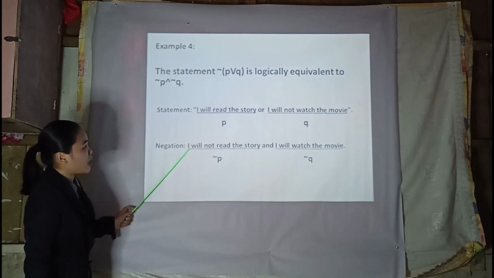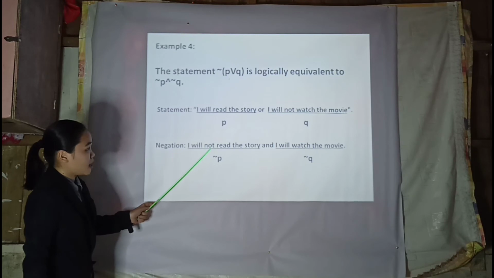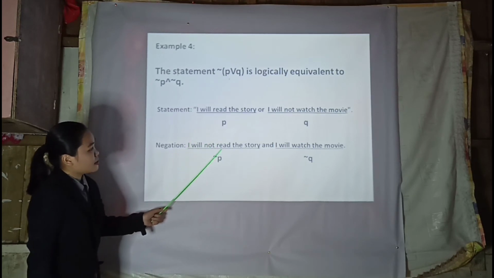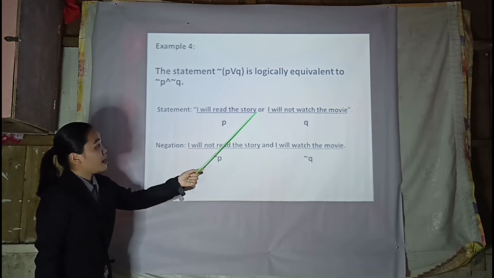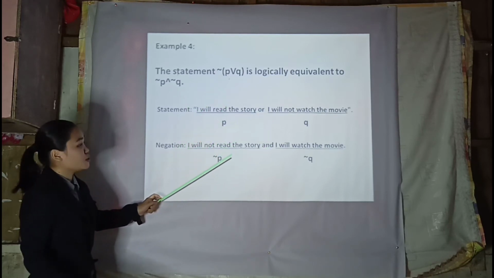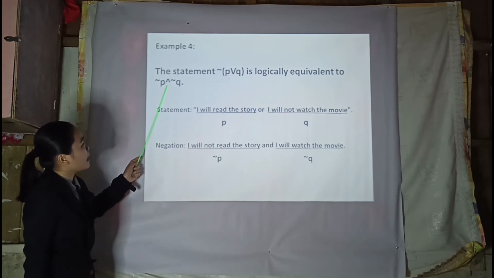So, the negation is I will not. Because of this word not, it becomes negative. I will not read the story. And since we use here the or logical connective, in the negation in the rules for De Morgan's law for logic, it will become and.